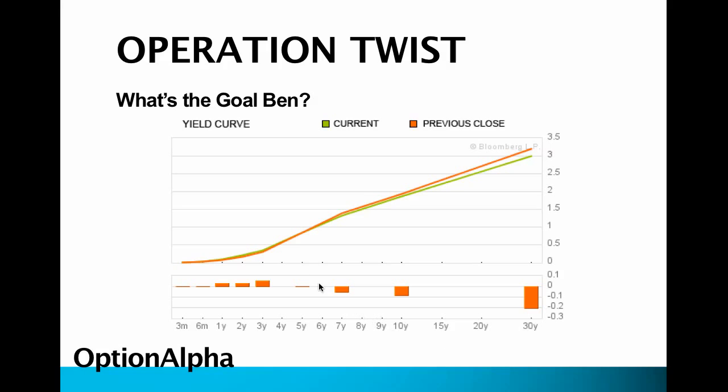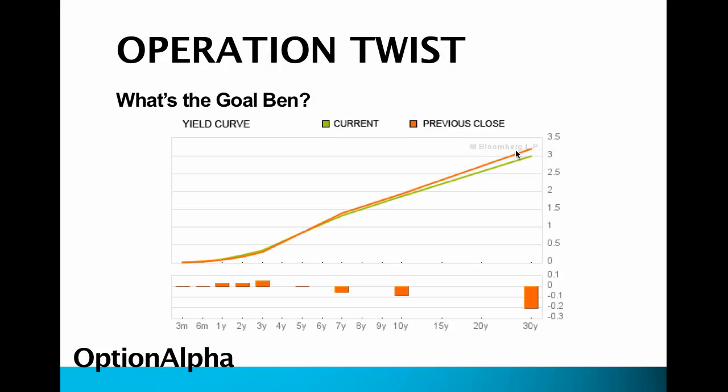So again, what's the goal here with this Operation Twist? The goal is to lower or flatten the yield curve. The yield curve goes from all of the short-term securities here, which are basically at zero right now, to some of the longer-term securities at 30-year terms. I took this chart right off of Bloomberg today, so you can see it's already starting to work even today. It started to flatten the yield curve a little bit.